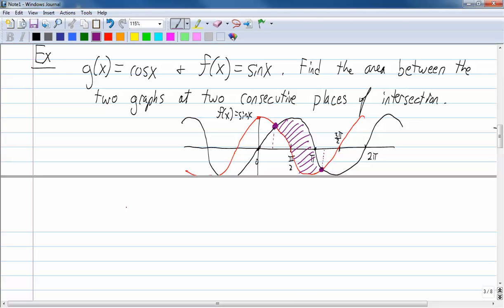So our formula here is going to be the integral of the top, which we said was sine, minus the bottom, that I said was cosine. We have to figure out the boundaries. So to figure out the boundaries, you set the two equations equal.